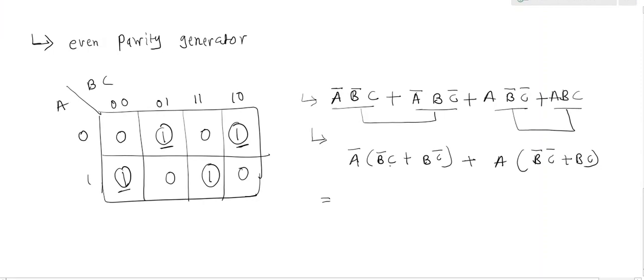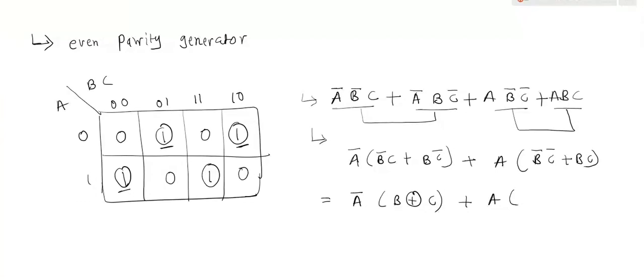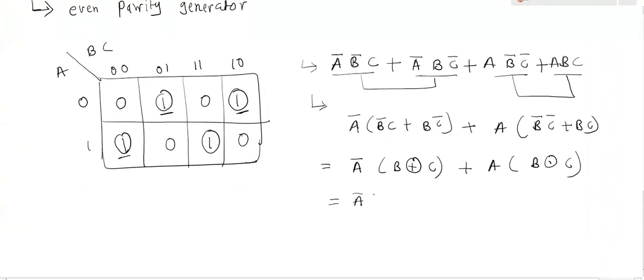Now we know that A bar B plus A B bar is nothing but A XOR B. So I can write the expression like this: A bar (B XOR C) plus A (B bar C bar plus BC). Now again we know that A bar B bar plus AB is nothing but A XNOR B. So I can write B XNOR C. Now again I can rewrite the expression: A bar (B XOR C) plus A (B XOR C)', because XNOR is the NOT of XOR.